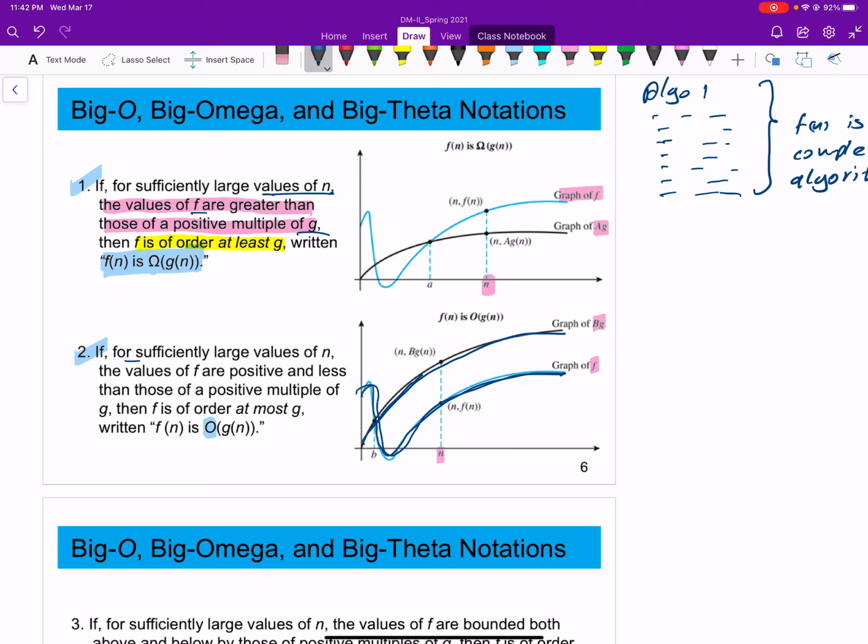For sufficiently large values of n, the values of f are positive and less than those of a positive multiple of g.